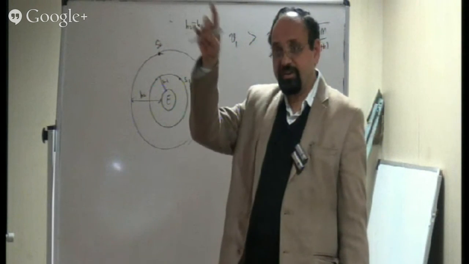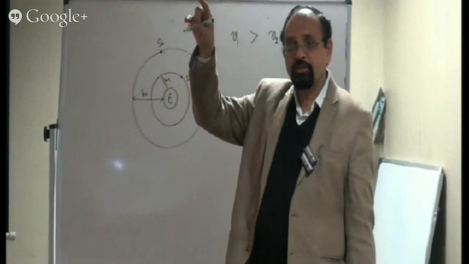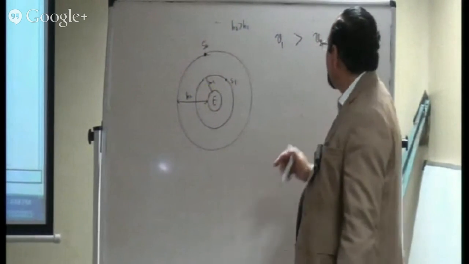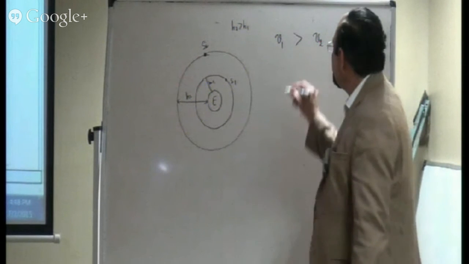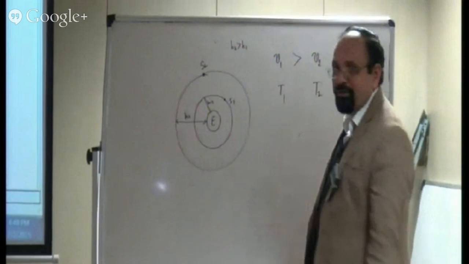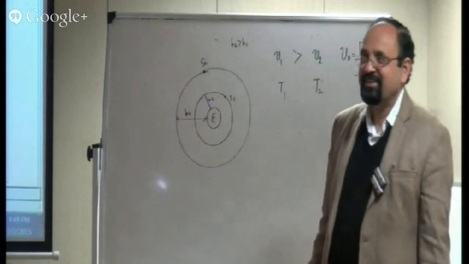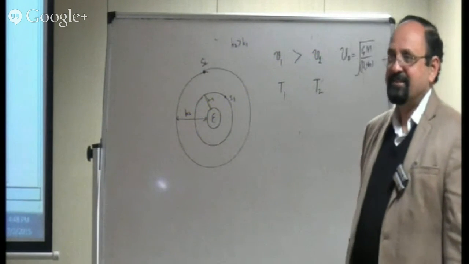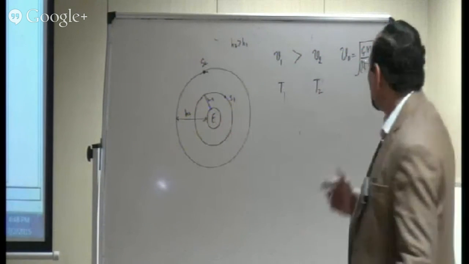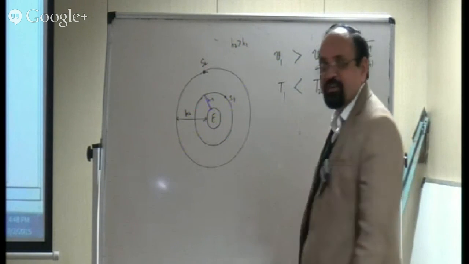A geostationary satellite, which is at a height of 36,000 kilometers, is making only one round in a day. Now, if I ask you time period of 1 and time period of 2, obviously this is greater than that of T1.